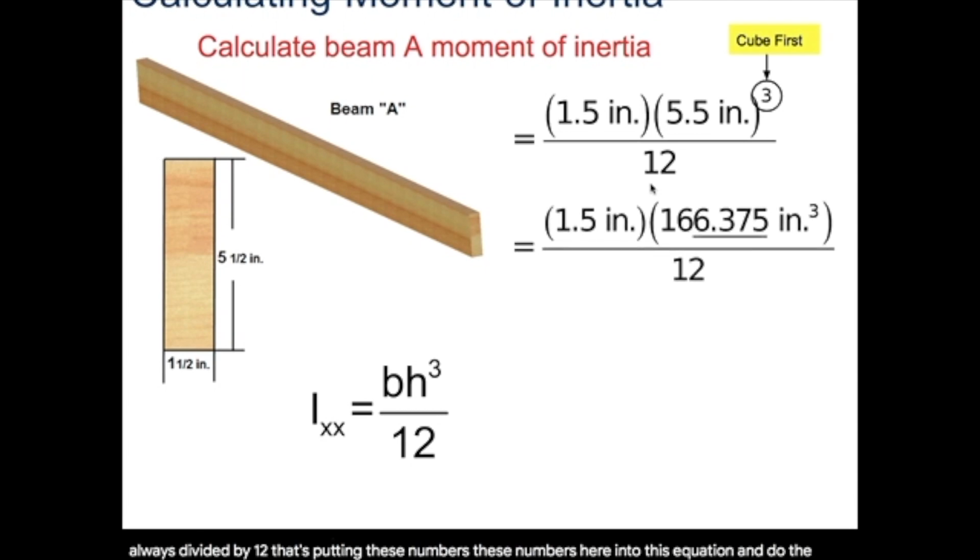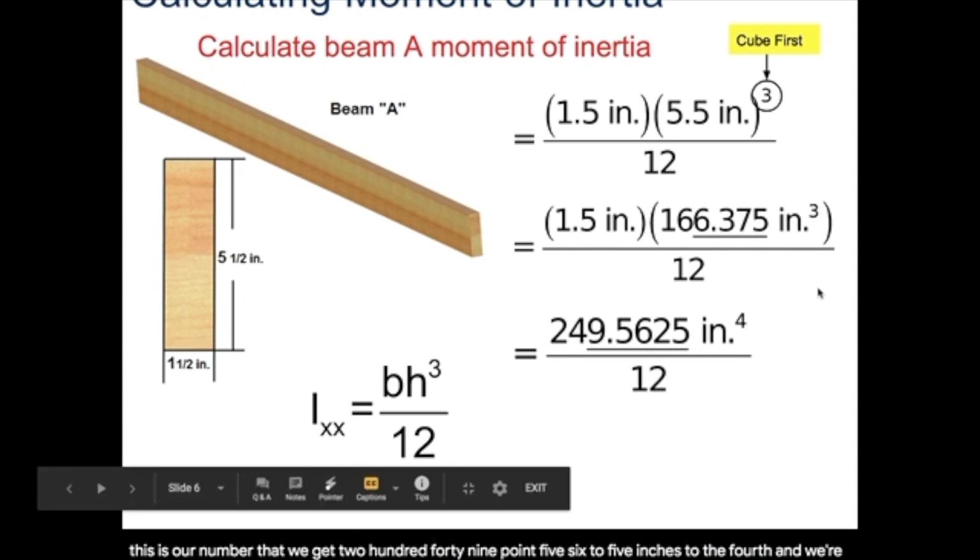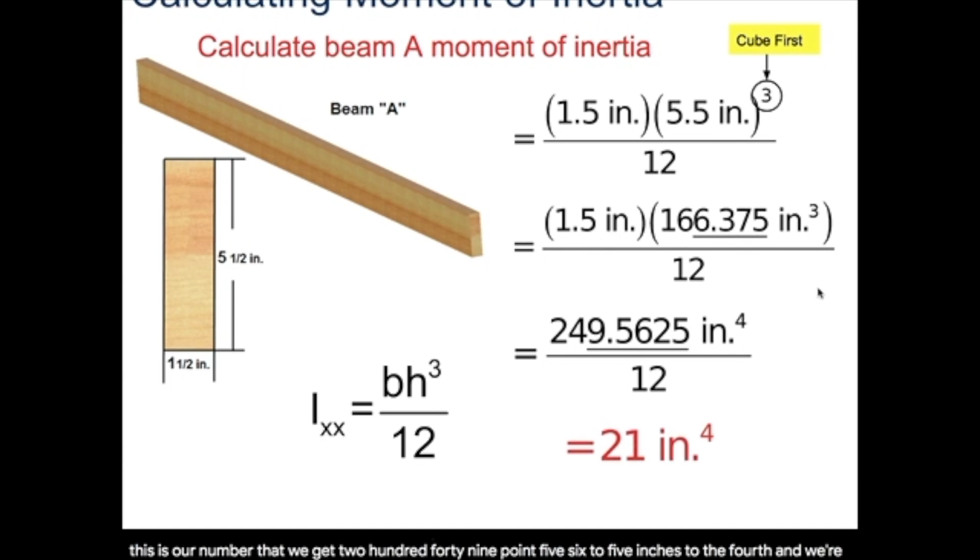We always want to cube the height first and then multiply it by the base. So when we do that, we multiply these two numbers right here. This is our number that we get, 249.5625 inches to the fourth, and we're going to divide that by 12 to get our answer. And when we do that, we get an answer of 21 inches to the fourth.